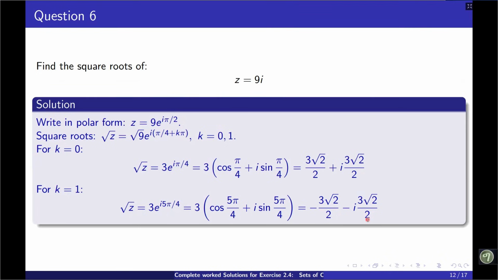That is an angle found in the third quadrant. Therefore, the second possible square root of this complex number is negative 3 radical 2 over 2 minus i times 3 radical 2 over 2.